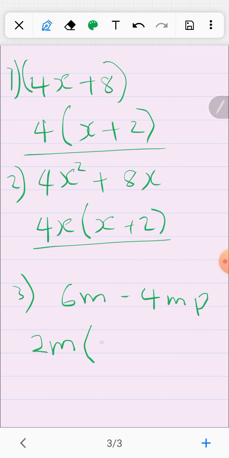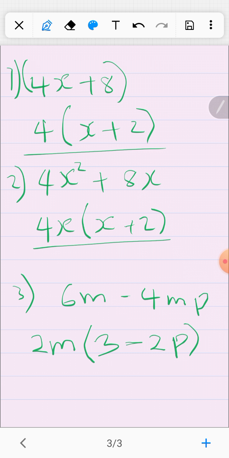Then inside I'll be left with, if I took out 2 from here, I'm looking for a number which I can multiply by 2 to get 6. That'll be 3. And here I'm looking for a number which I can multiply by 2 to get 4, which is 2p. That is factorization in a simple form.